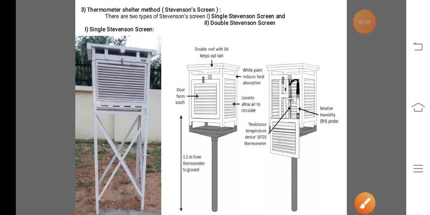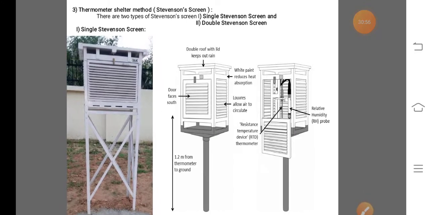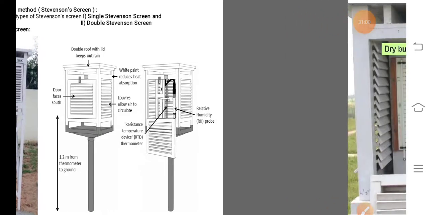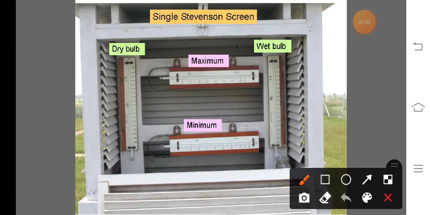Now we discuss the different parts. In a single Stevenson screen, four thermometers are kept or installed. First, the maximum thermometer and minimum thermometer, these two thermometers are kept horizontally in the single Stevenson screen, and another two, the dry bulb thermometer and wet bulb thermometer, are also kept in the single Stevenson screen.